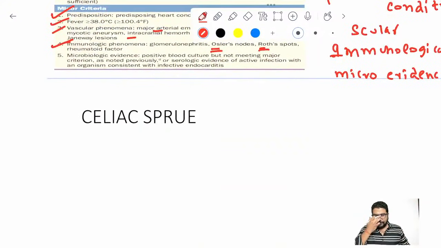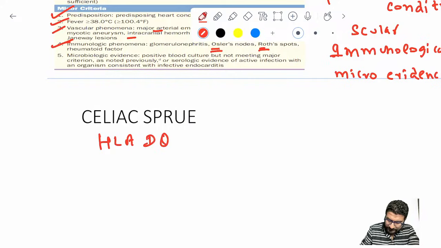Then they ask you question on celiac sprue. Celiac sprue से तो एग्जाम में बार बार क्वेश्चन आता है. So just remember what is the name of HLA. HLA is DQ2, DQ8. Celiac sprue is hypersensitivity to BROW. Barley, rye, oat, wheat.